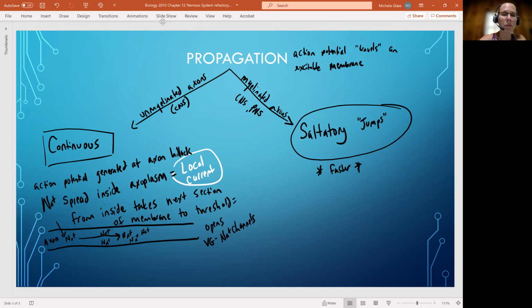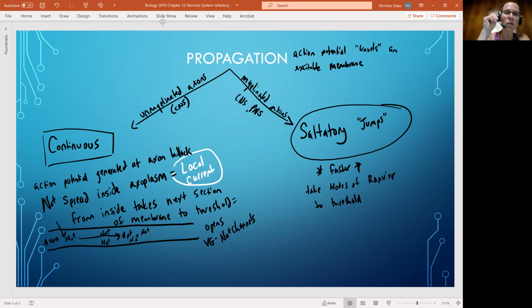Instead of having this process of sodium coming in, opening up voltage gated sodium channels, spreading, coming in, opening up voltage gated sodium channels and so forth, we see that we're only going to take nodes of Ranvier to threshold.